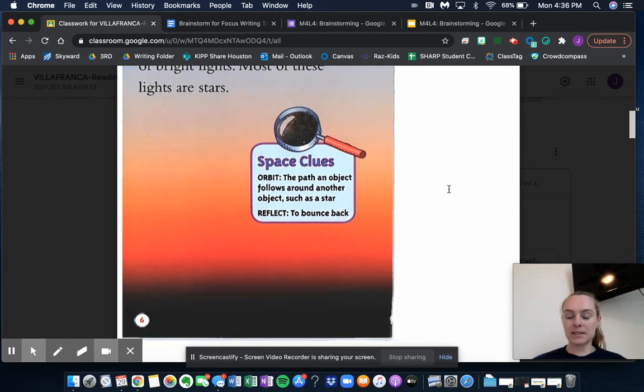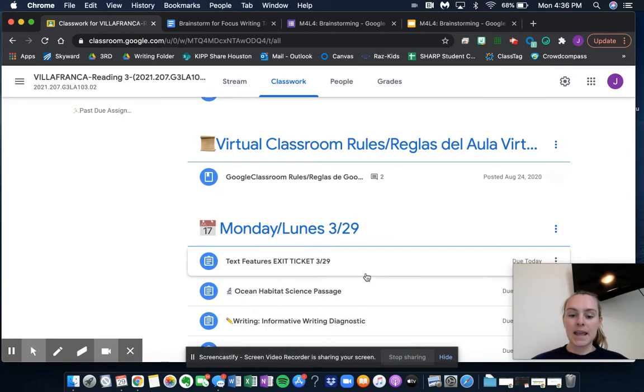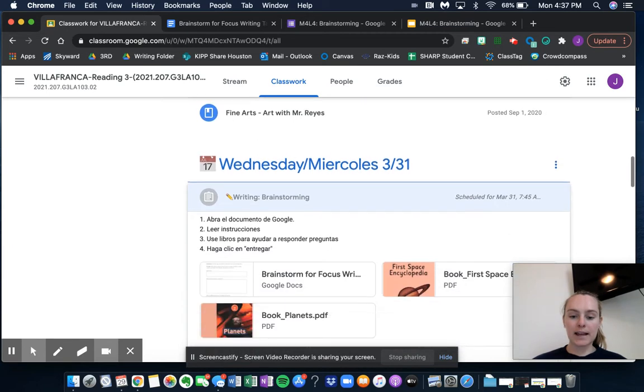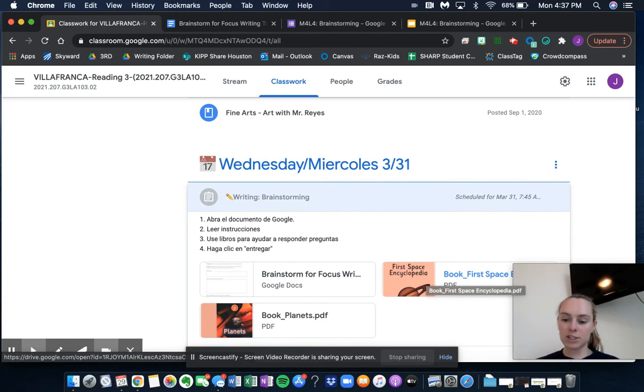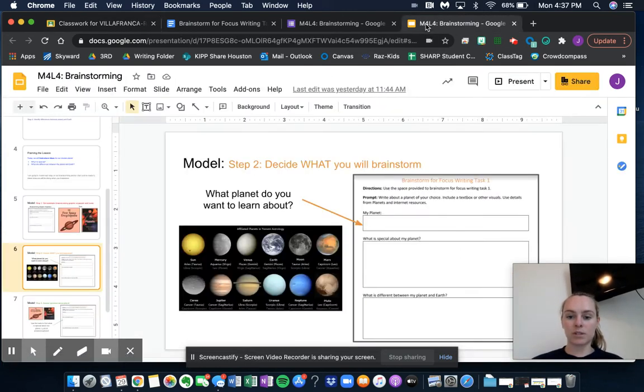You can look at the planet text, and you can look at the first space encyclopedia and just look at the photos. You don't need to really read too much. Maybe you could read the captions, maybe just a quick glance of the different planets to decide which one you want to write about. So I decided Venus, so I put it in my blank here.